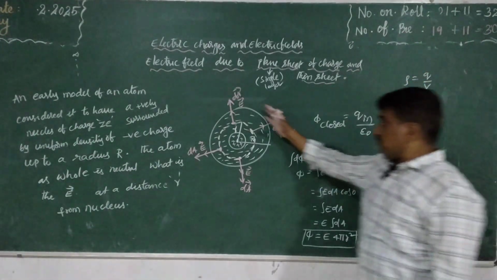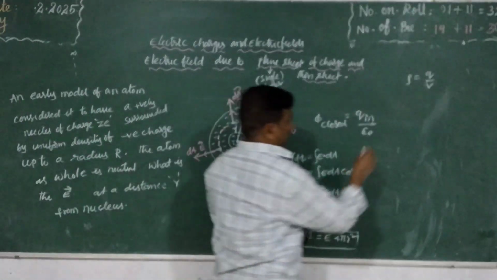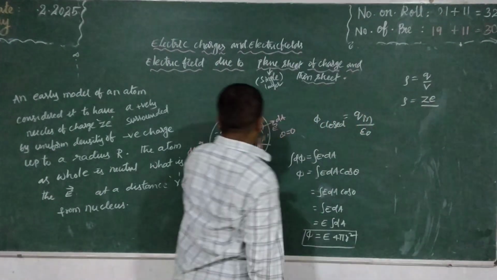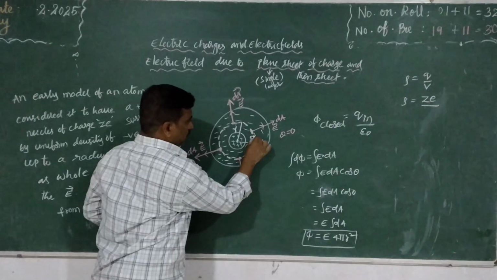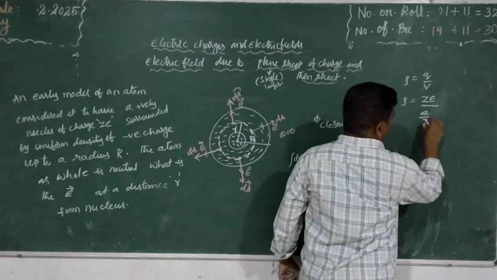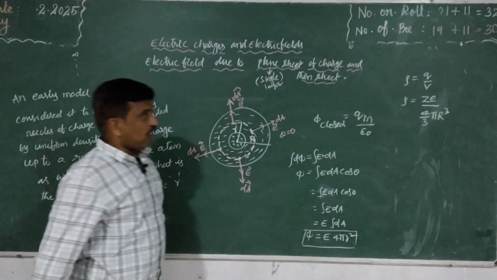In this atom, the total charge is Ze, so we can write rho equal to Ze by the volume. The radius is capital R, and the volume is 4/3 π R³.